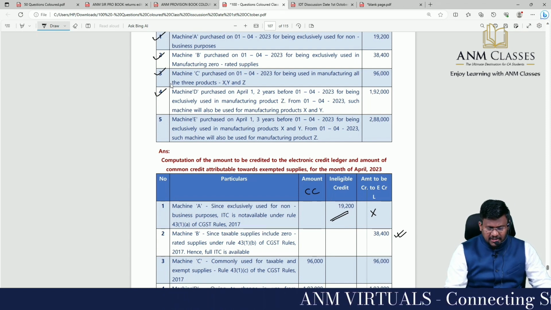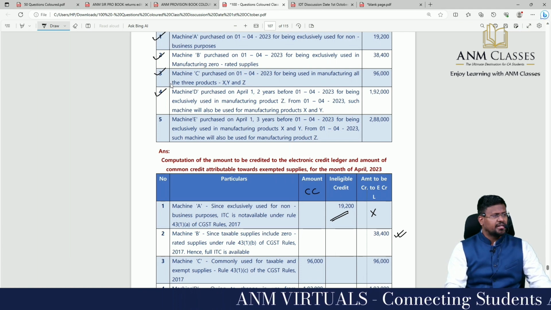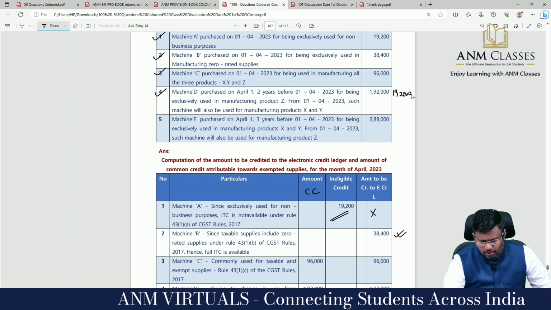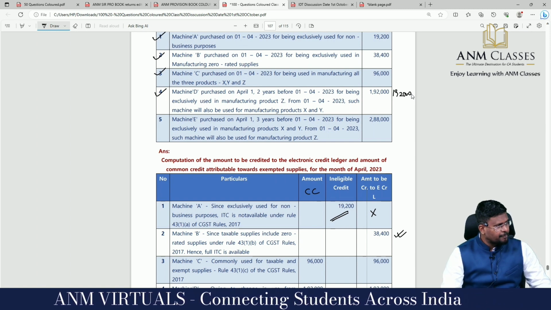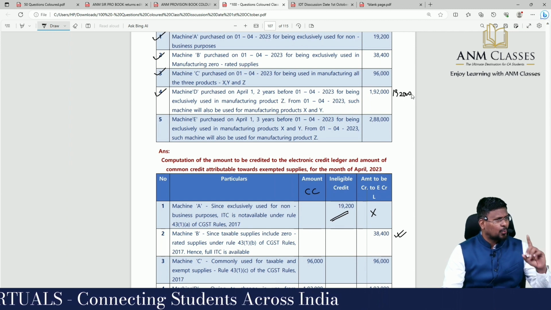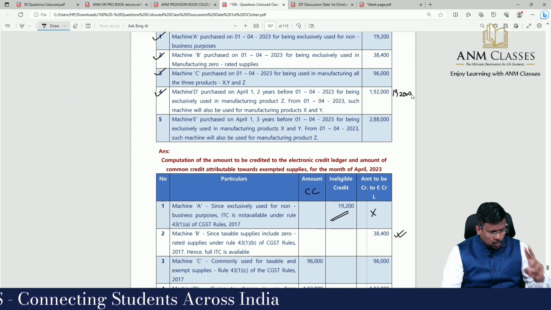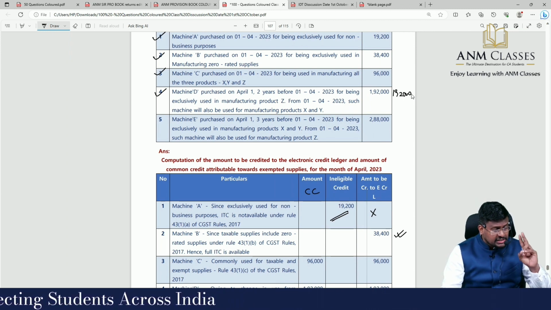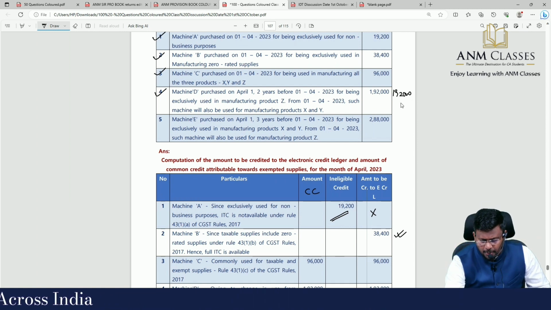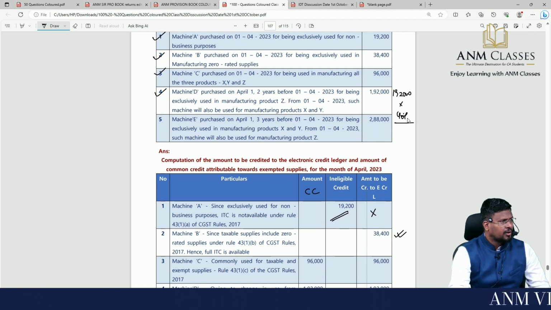So sir, it is 8 quarters, my dear lovable students. 1,92,000 is the total credit. It is 5% per quarter. 5 into 4 means yearly 20%. For 2 years, since you exclusively used it for exempted supply, 40% of 1,92,000 has to be put aside.